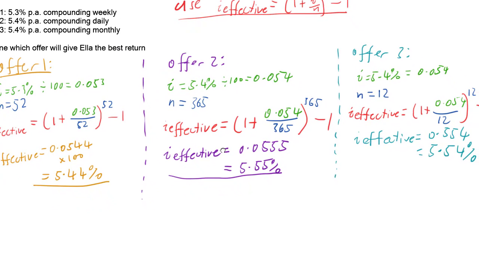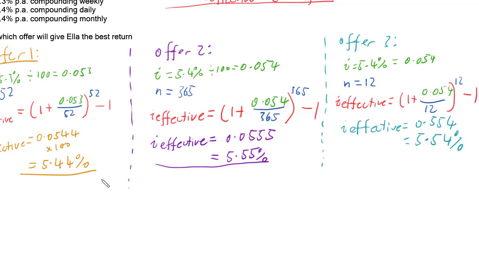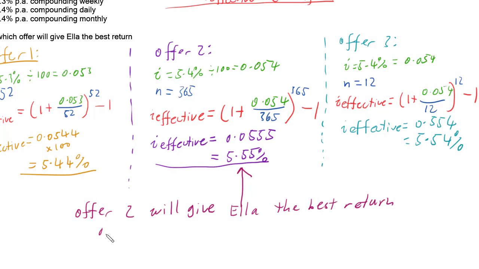So the best return will come from the investment with the best effective interest rate, which in this case is offer 2, because it is 5.55% compared to either 5.54 or 5.44. So our answer is offer 2 will give Ella the best return as it has the greater effective interest rate.